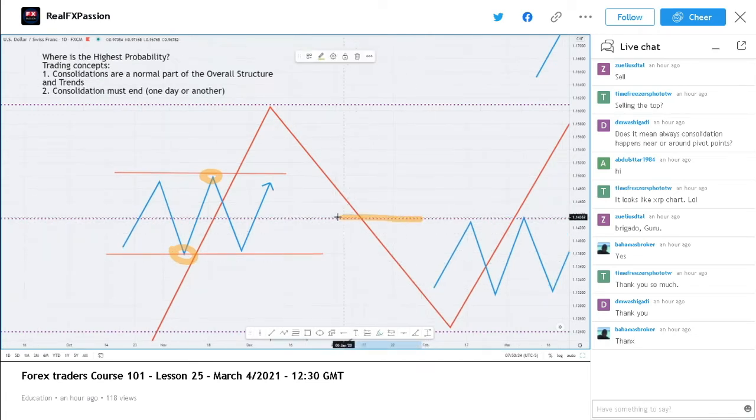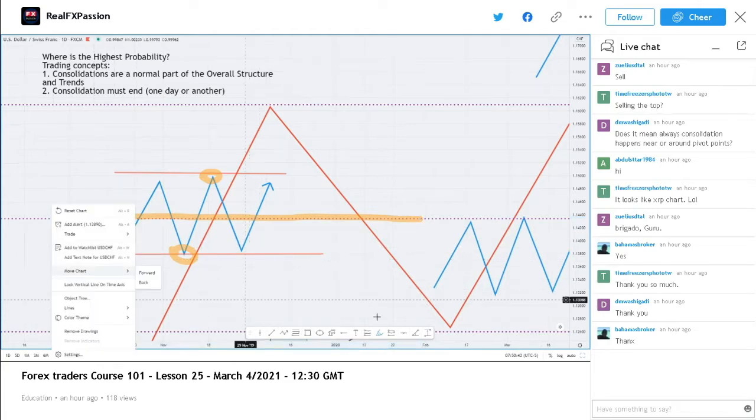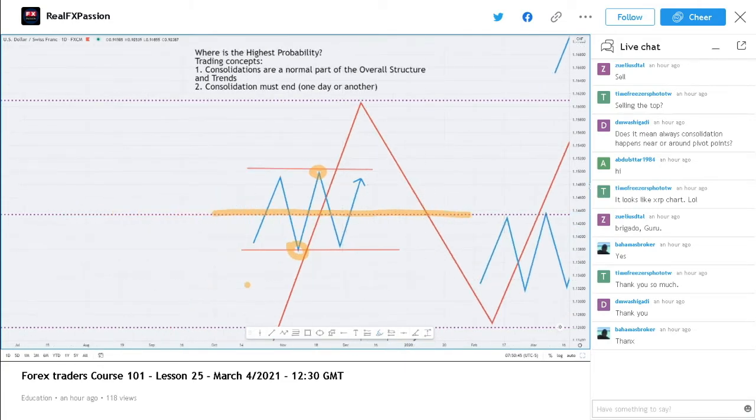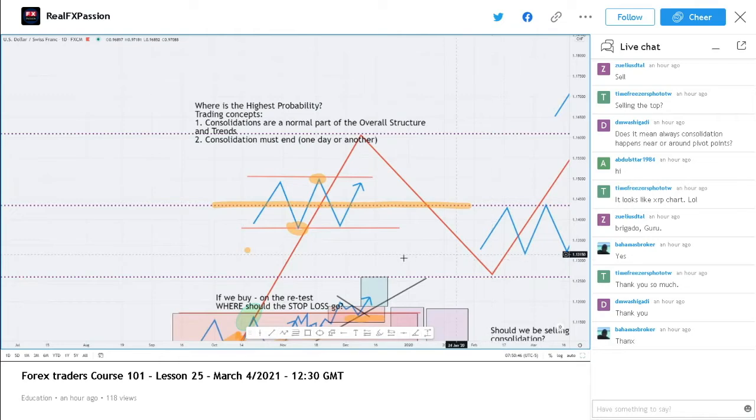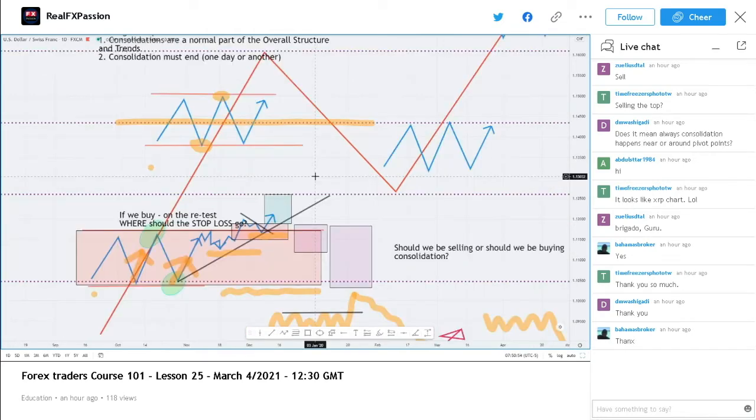Look at this line in between. See everybody, beginner traders, we're going to learn about the Fibonacci in about a month or two. Those two levels are not the same, everybody.